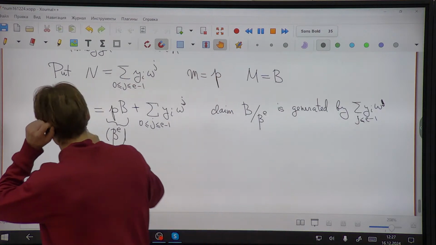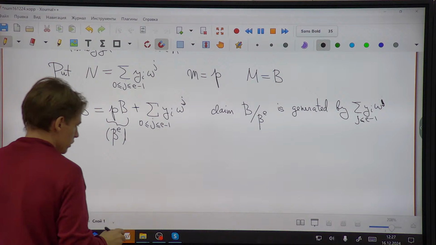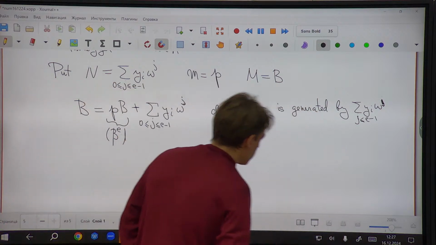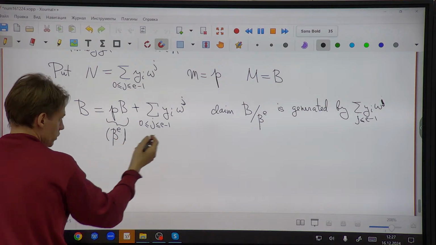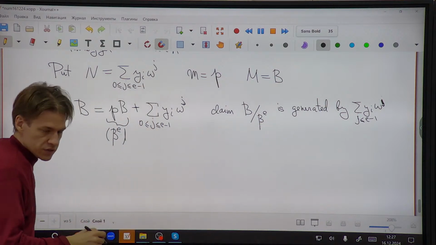This I want to prove. I'm going out of time, so here is the explanation that it is generated by this set of elements.